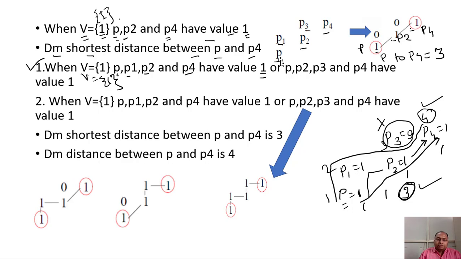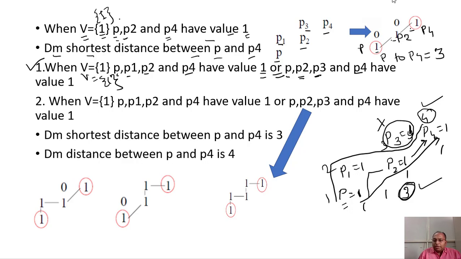Okay, fine. Then we can check out the other condition as p, p2, p3 and p4 having value 1. Let us consider that in a similar manner. P2 is there. All the values are having 1. So this is also 1.